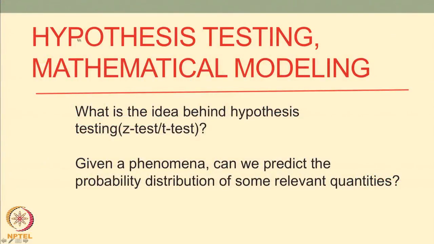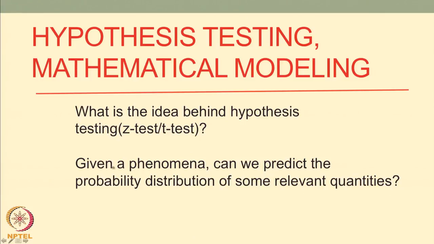So, the title of this lecture has two topics. One is hypothesis testing we will discuss, and mathematical modeling we will discuss. So, first we will briefly discuss what is the idea behind hypothesis testing like z-test and t-test. We'll only discuss the idea behind it, and of course, the details would be discussed in a complete biostatistics course.